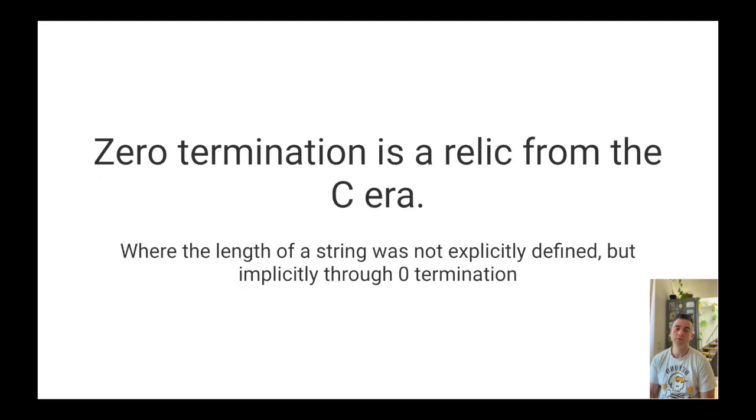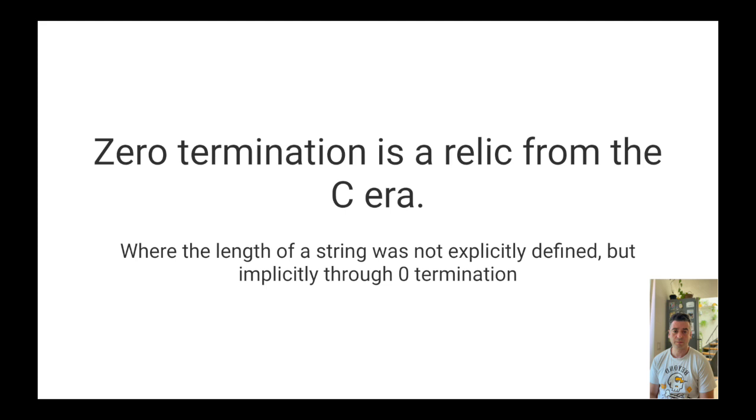Well, zero termination is a relic from the C era, where the length of a string was not explicitly defined, but implicitly through zero termination. Prepending the string with its length is actually the Pascal way of doing this.